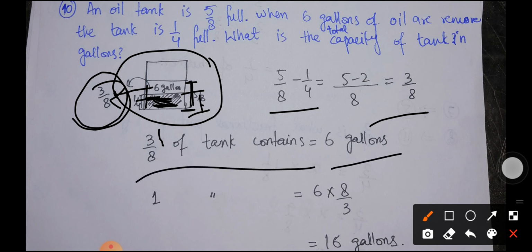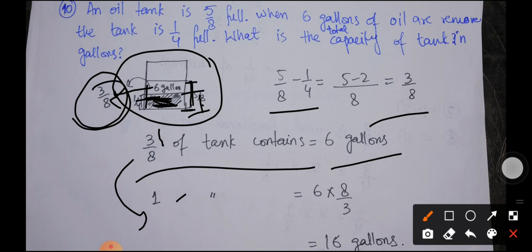Now we have to move to the total capacity, that is for 1. So when I take it to the unit method, what I am expected to do is divide by 3 by 8 on the other side, or multiply it with 8 by 3. You can also see that 8 is dividing over here, so it will appear in the numerator and 3 will appear in the denominator.